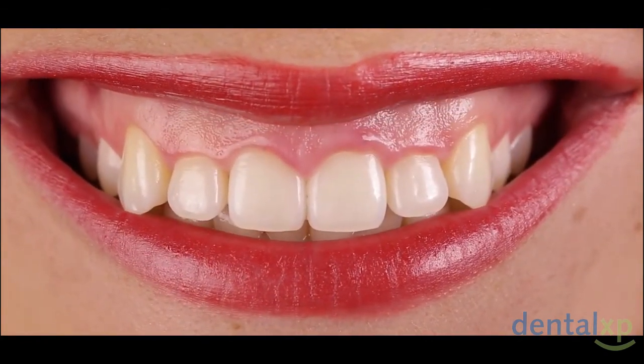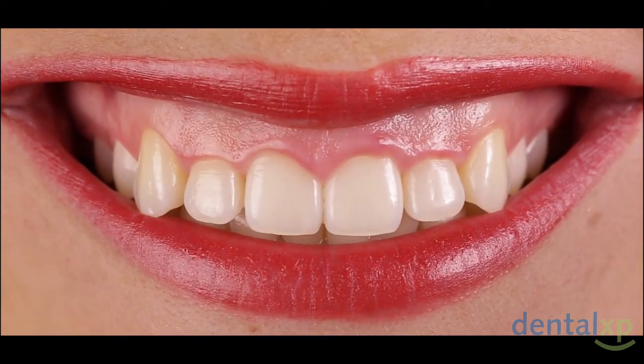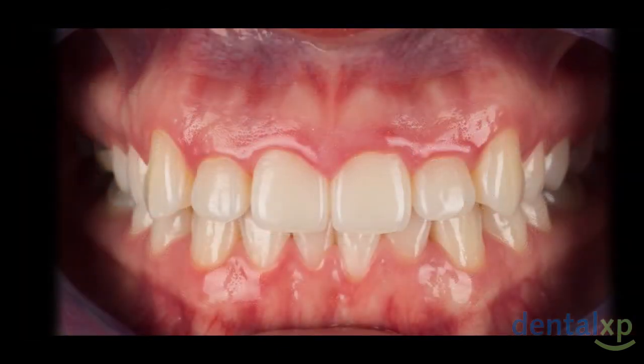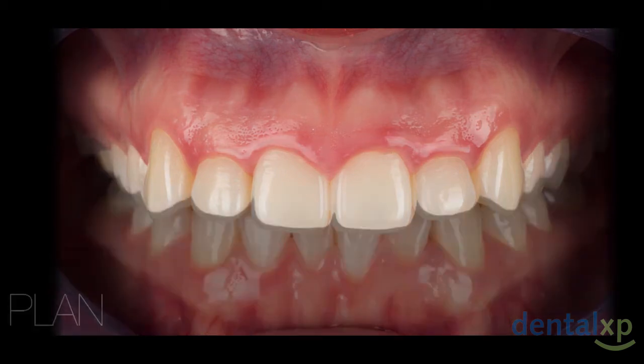While smiling, we can see a high upper lip line and a gingival exposure of more than 4 mm on average, which is considered gummy according to current parameters. She has a class 1 occlusion with good intercuspidation, square incisors, and her anterior teeth are slightly protruded.